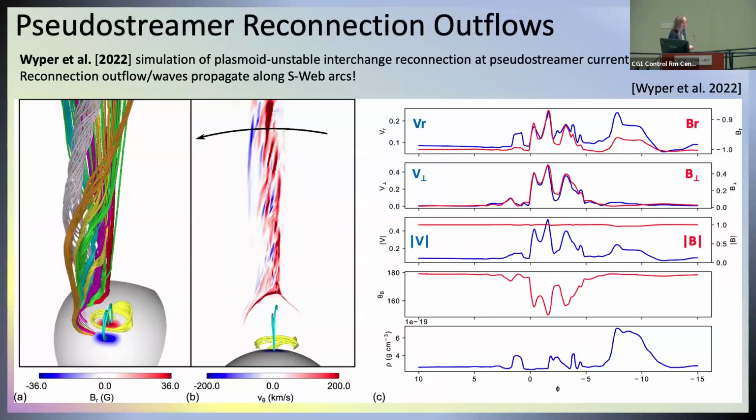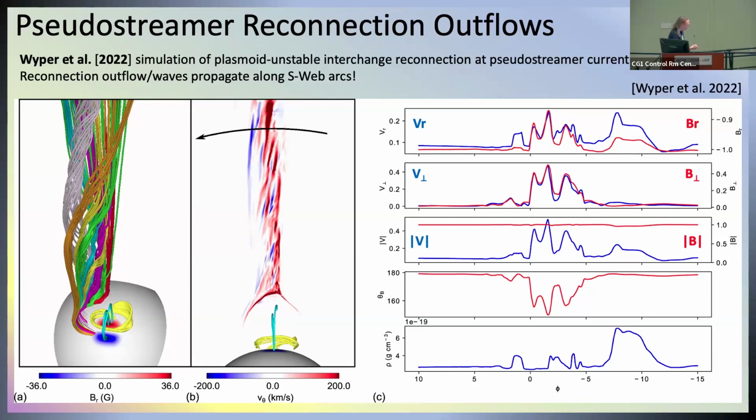And that has consequences. That means that when they reconnect and open up, there's no opportunity for that plasmoid structure to maintain its flux ropeness. It reconnects in the pseudostreamer and opens up.